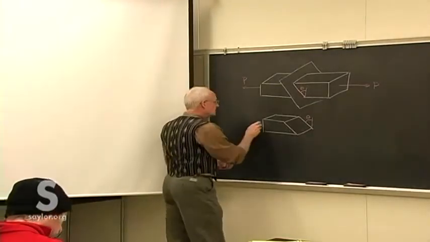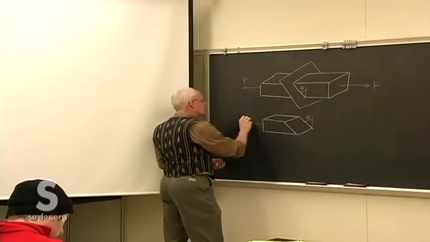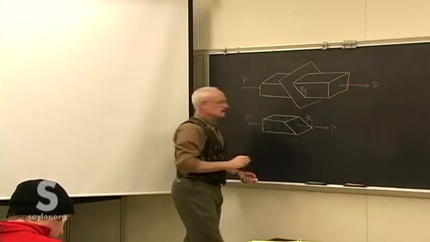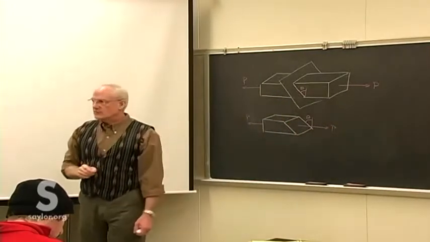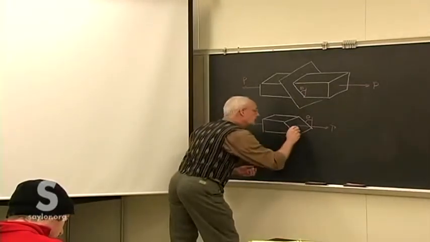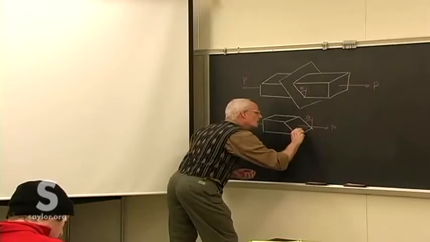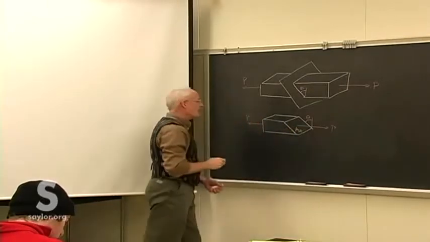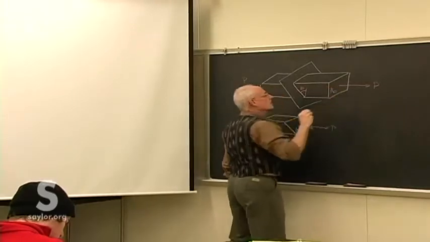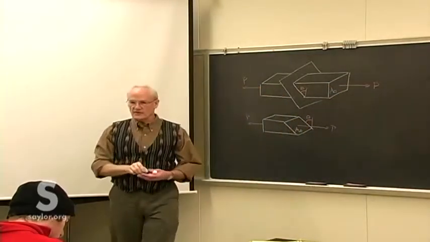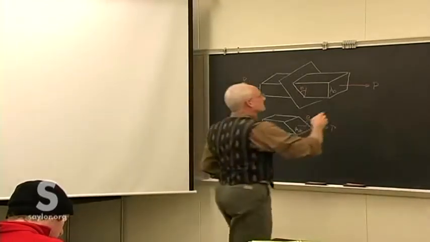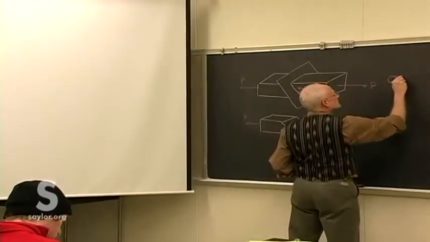Of course, it's still true because of the force balance that we need on anything here, that it's still a force P, but that force P is now acting over a slightly different area. We'll call this A theta, where A0 is the original face from which we would have calculated the original stress.